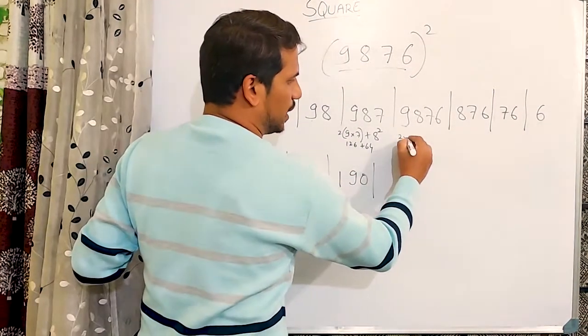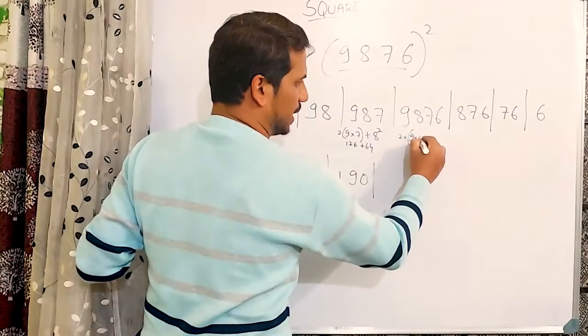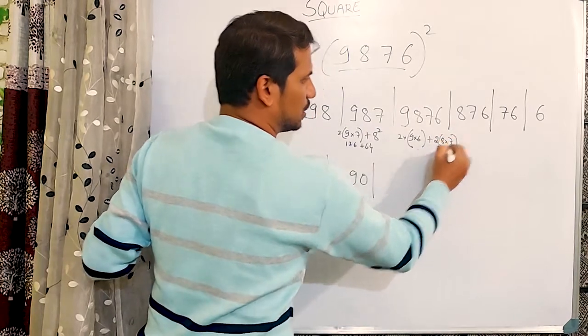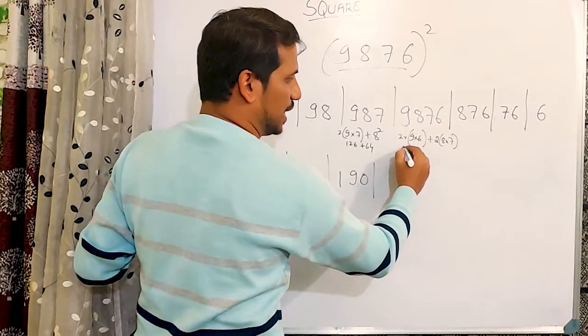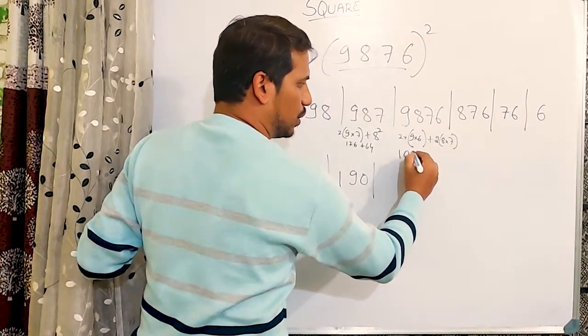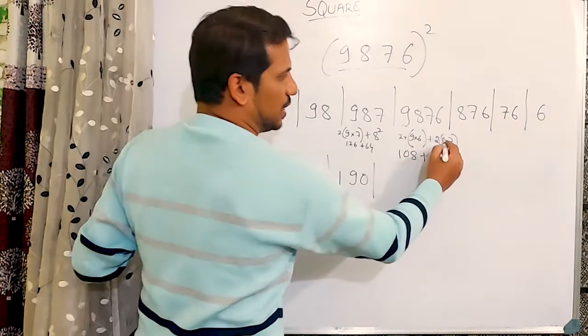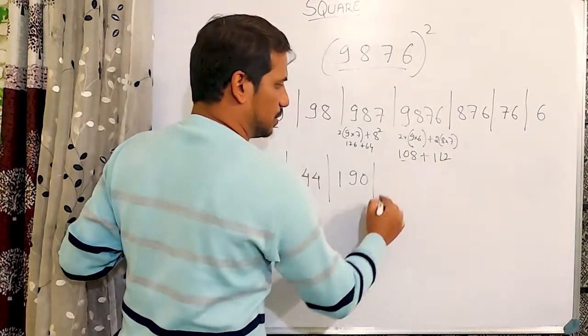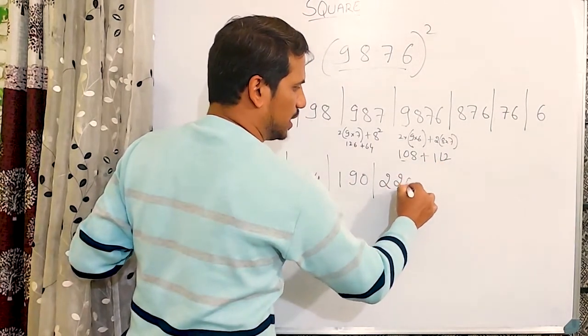Then 2 into 9 into 6 plus 2 into 8 into 7. So what is this? 9 6s are 54, into 2, that is 108, and then 8 7s are 56, into 2, that is 112. This comes out to be 220.